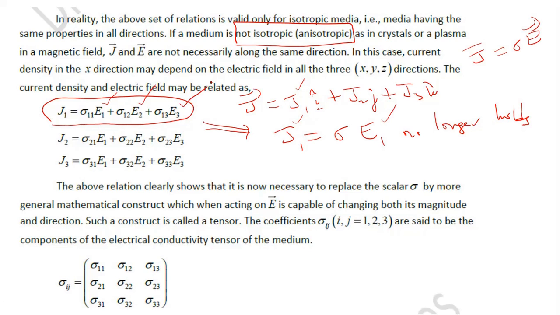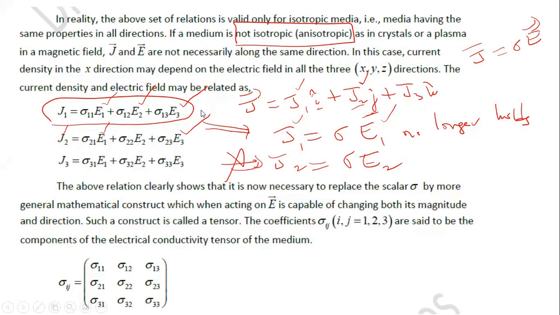Similarly, the component of the current density along the y direction, j2, is no longer simply proportional to the electric field along the y direction. This relation no longer holds. In such an anisotropic crystal, the current density along the y direction is also influenced by the electric field along x and along z.